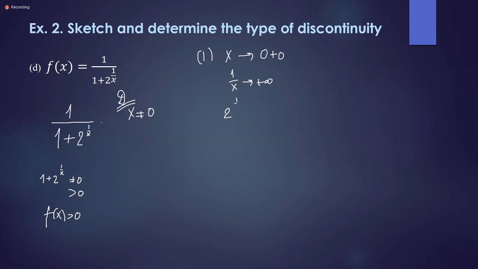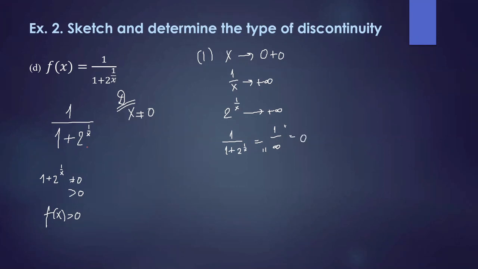So this means 1 divided by 1 plus 2 to power 1 over x, 1 divided by infinity, is 0. Okay, that's something we already know. So when x tends to 0 plus, this function f of x evidently, strangely enough, also tends to 0.